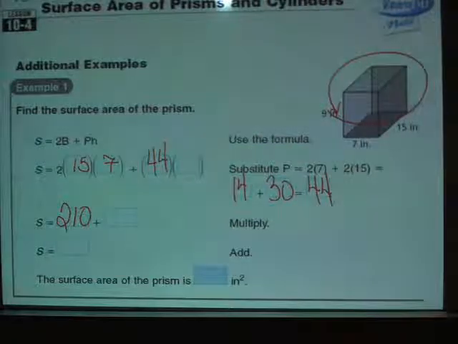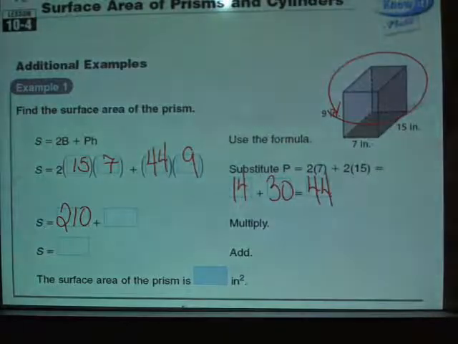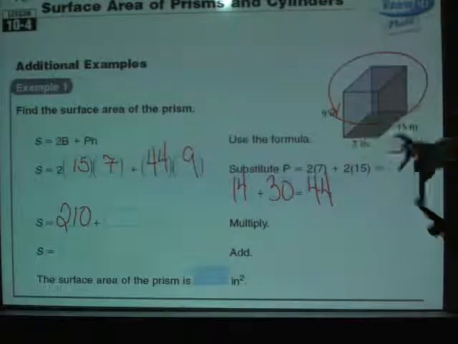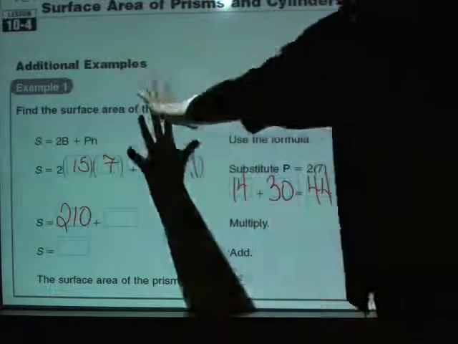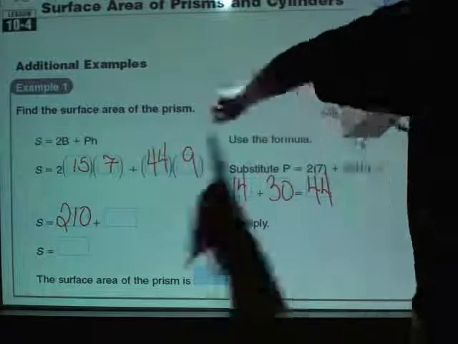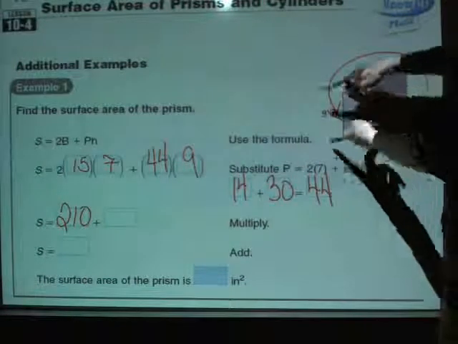And I'm going to multiply that by the height, how tall this whole thing is, and that's going to give me 9. Realize what they've really just done is, if we were talking about the net, a flat representation of this, if I just laid those 4 pieces out flat and found the distance across the bottom, that would be my 44, and then my height would be how tall it is.